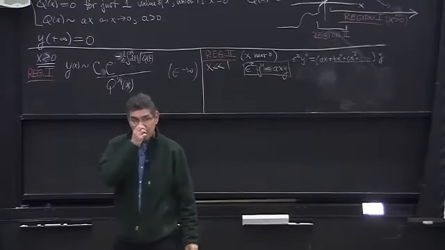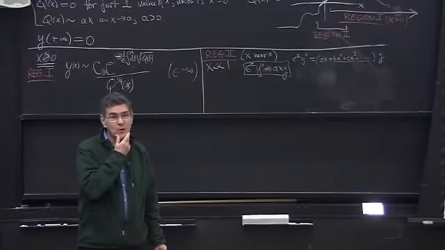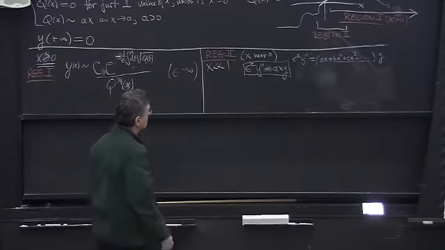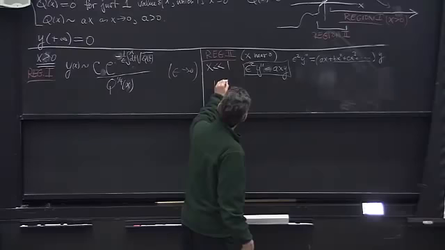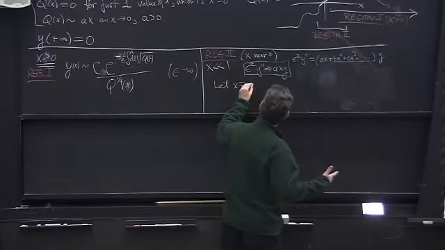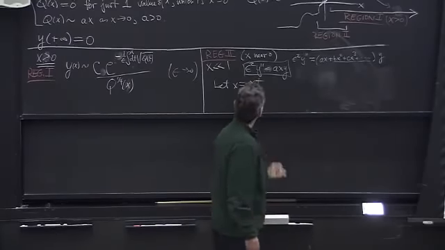What equation is that? Well, let's see if we can reduce this to an equation that we know. Let's just do a scaling. Let x equal some number gamma times t.